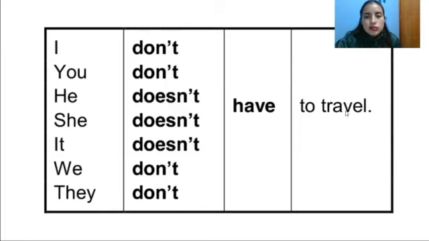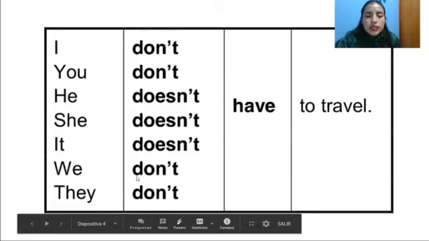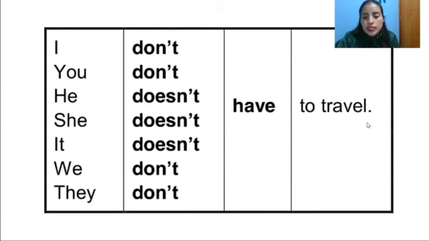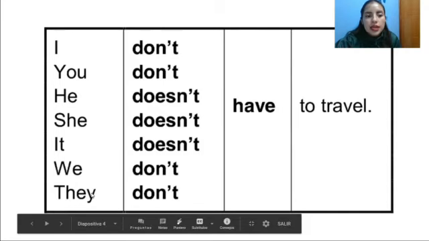She doesn't have to travel. It doesn't have to travel. We don't have to travel. They don't have to travel. Ellos no tienen que viajar. Okay, don't forget that it's so important the auxiliar that you have to use in have to with the pronouns I, you, we, they, and the auxiliar that you have to use with he, she, and it.